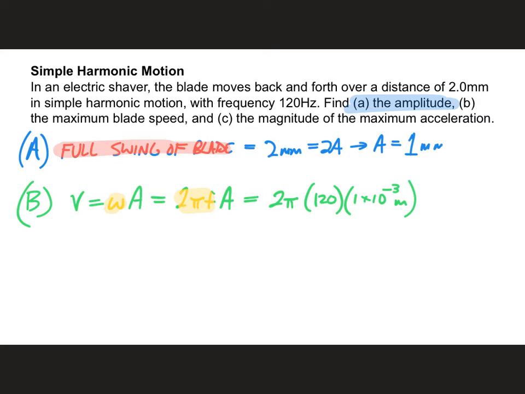Because remember, everything's got to be in meters. And we'll get a speed that's going to be meters per second, because this 120 hertz is a per second thing. It's 1 over second, or s to the minus 1. And so we'll get 0.75 meters per second.